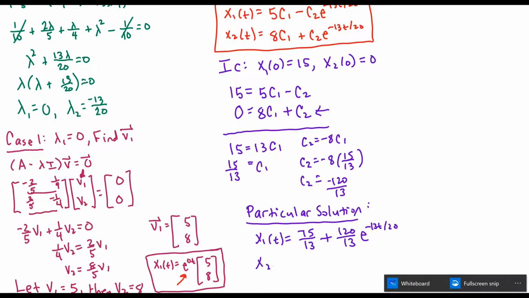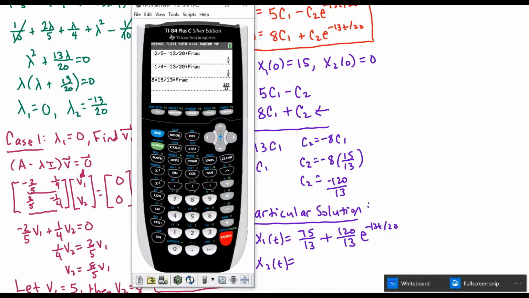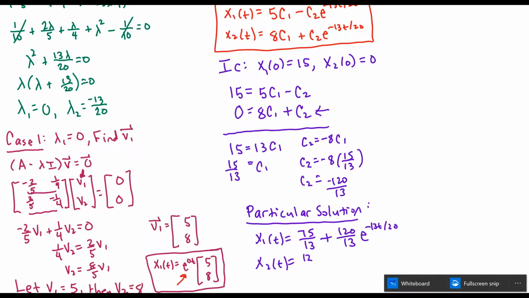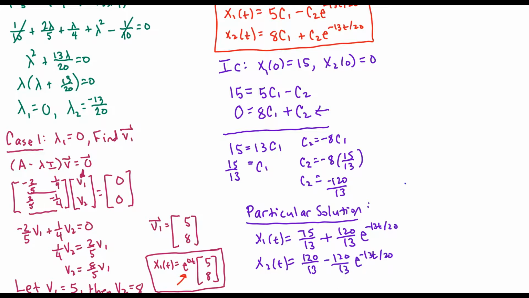And x sub 2 of t is 8 times c1, another 120 over 13. Did I just do that? That's a long memory, isn't it? Plus c2, that's minus 120 over 13, e to the negative 13t over 20. So we have a new solution to an old problem, solving our tank mixing problem with eigenvalues and eigenvectors.